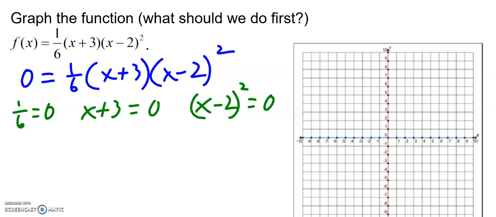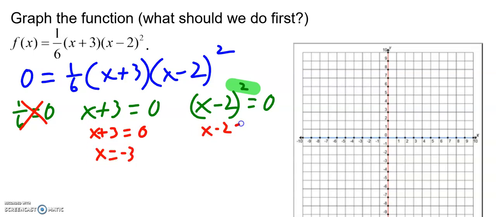Now, notice the 2 here, this 2 is what I'm talking about, that is telling us that this factor occurs twice, and remember that means that the solution, or the zero, is going to have a multiplicity of 2. So let's go through these. Well, 1/6 doesn't equal 0, I can ignore that. x plus 3 equals 0, so x equals negative 3, and x minus 2 equals 0, so x equals 2.